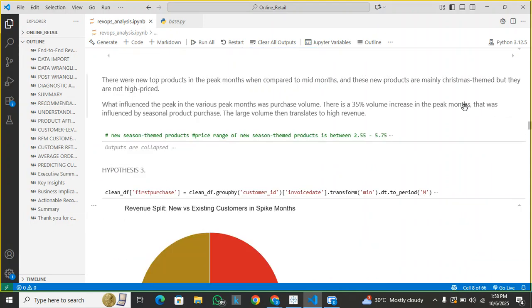So the insight for this is there were new top products in the peak months when compared to mid months, and these new products are mainly Christmas themed, but they are not high priced. What influenced the peak in the various months was purchase volume.